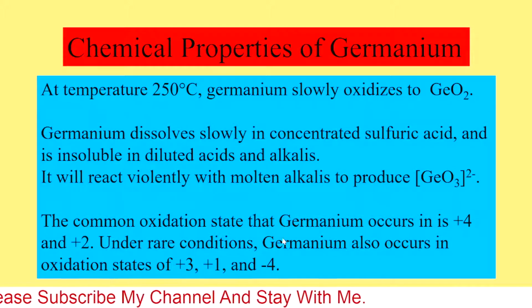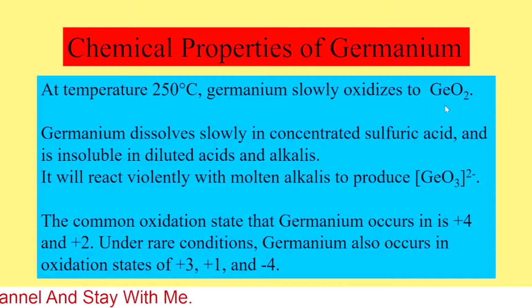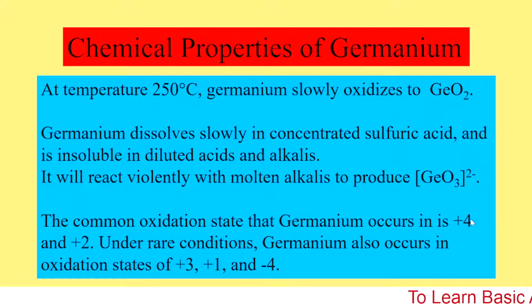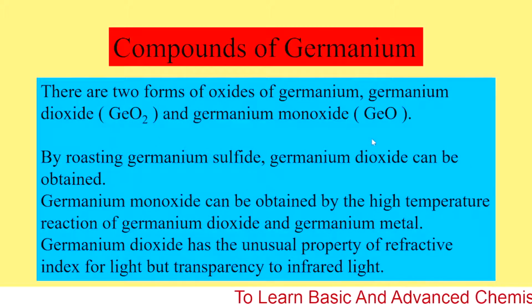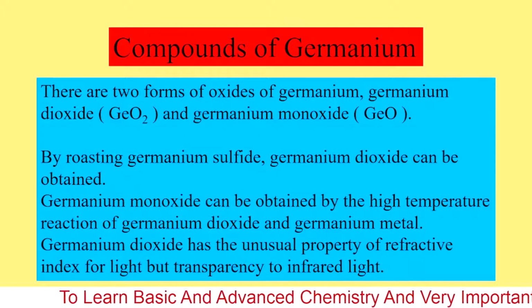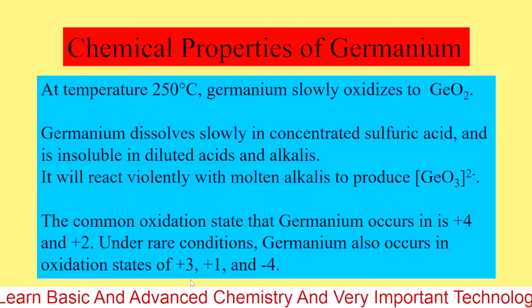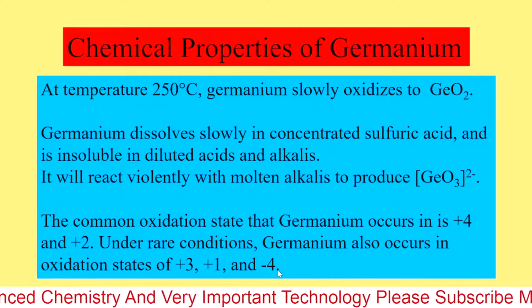The common oxidation states, as I already mentioned with the oxides, germanium dioxide and germanium monoxide, are +4 and +2. Sometimes we may have the oxidation state +3 or +1 or even -4.